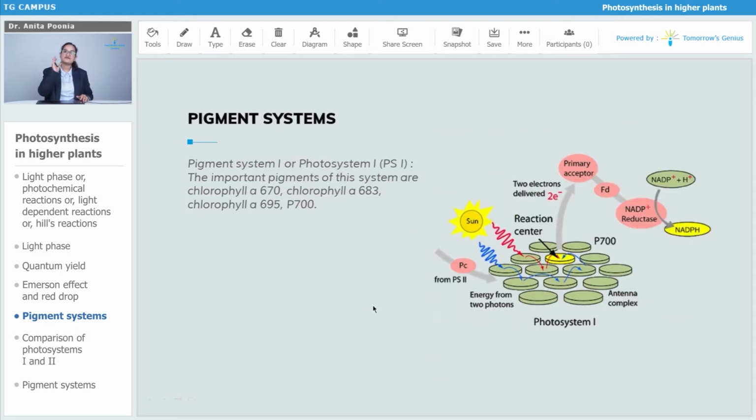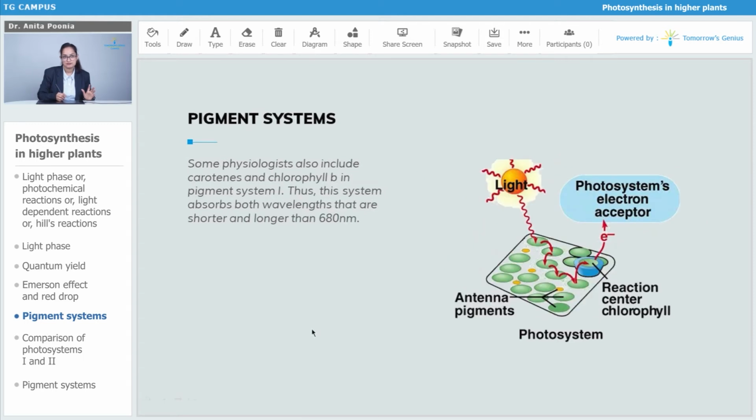Now in photosystem 1, the most important pigments of the system are chlorophyll A 670, chlorophyll A 683, chlorophyll A 695 and P700.